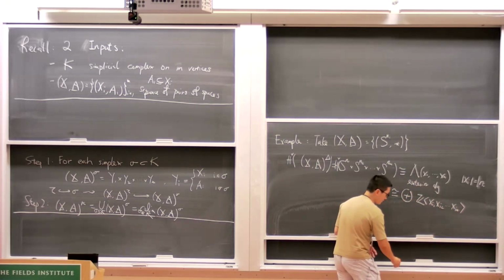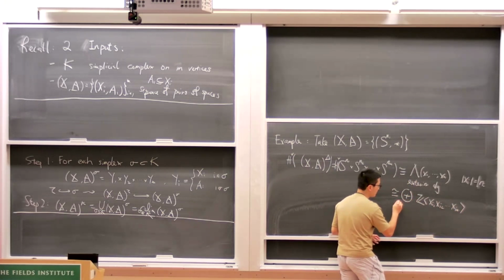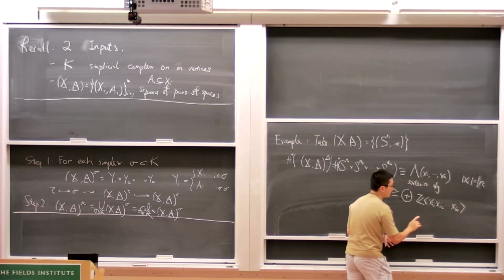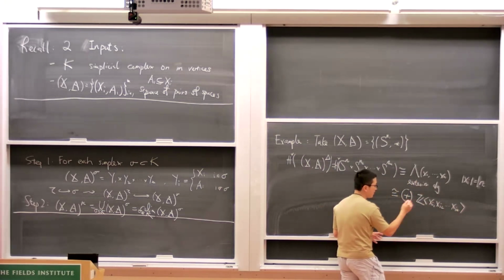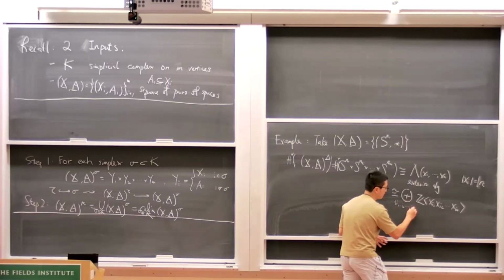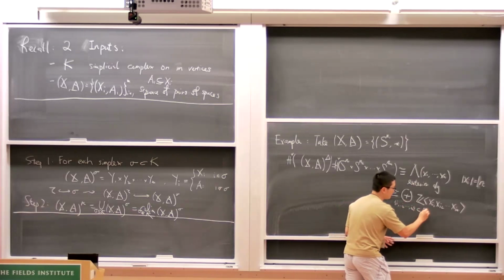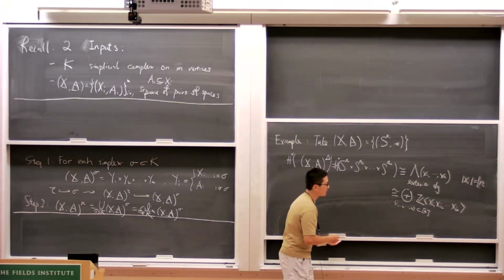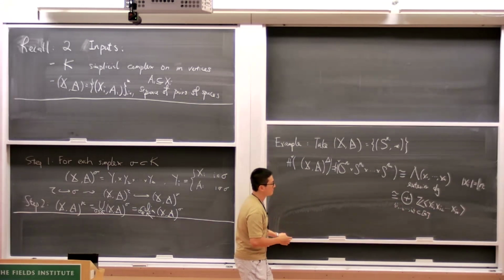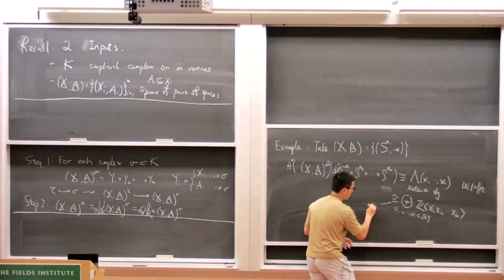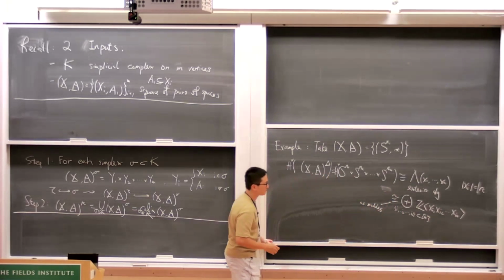For example, here you just take the direct sum of all these free abelian groups over all subsets of the set [m]. This is an isomorphism as modules.